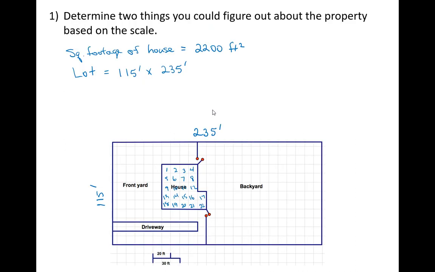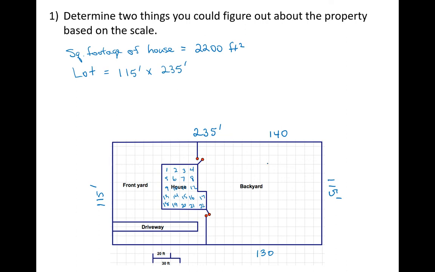This backyard, notice we're off a little here, so we'll just estimate. So 10, 20, 30, 40, 50, 60, 70, 80, 90, 100, 110, 120, 130, 140. It's about 140 this way. Down here, you'll notice it's only going to be 130. And this is 115.